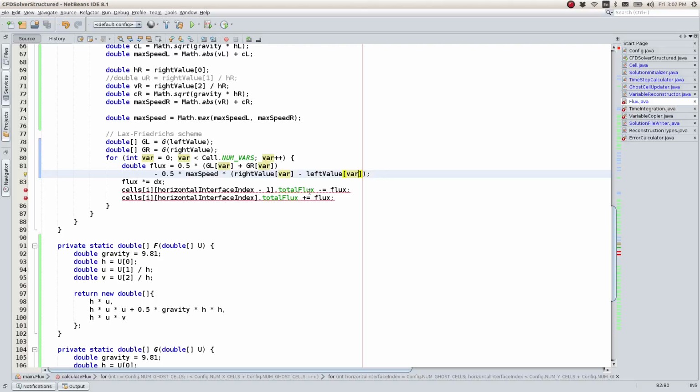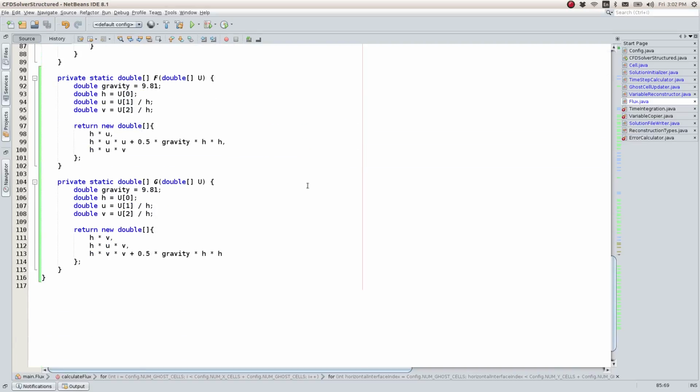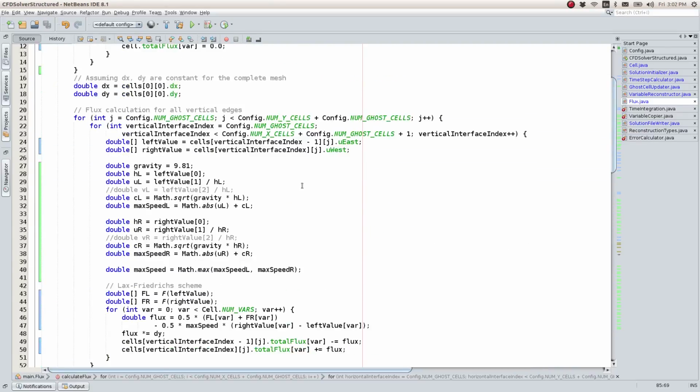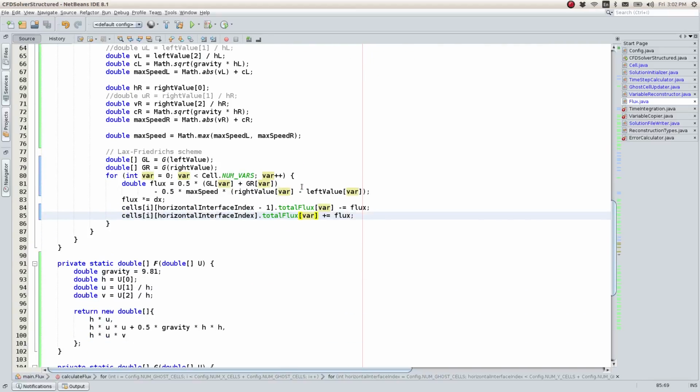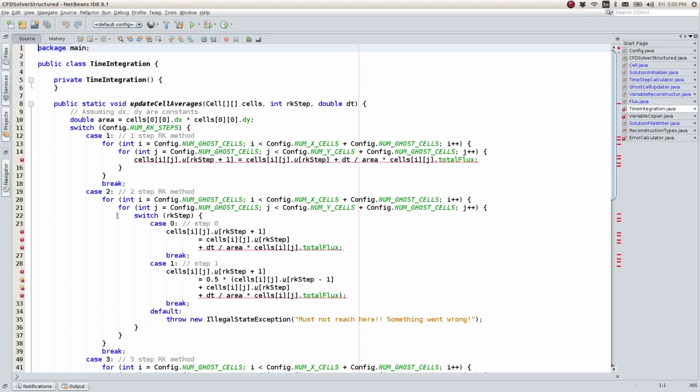Cell I horizontal flux, total flux for the variable is going to be that value. Okay, I think the flux calculations are done for the shallow water equation, and now let's look at the time integration part.